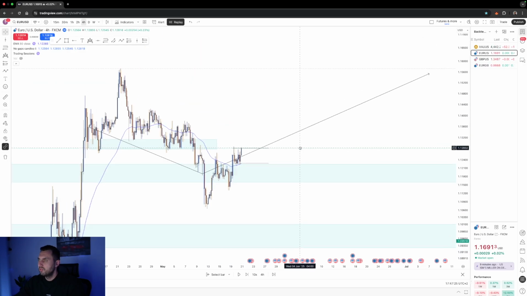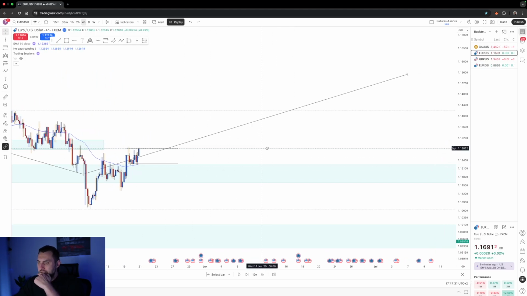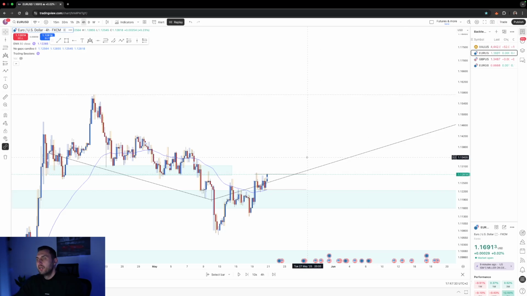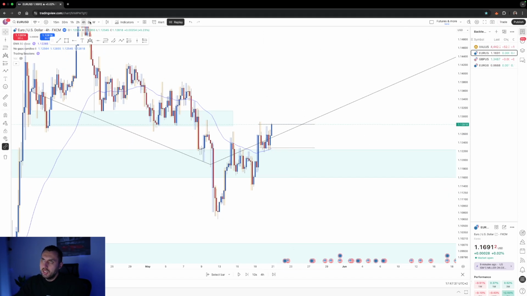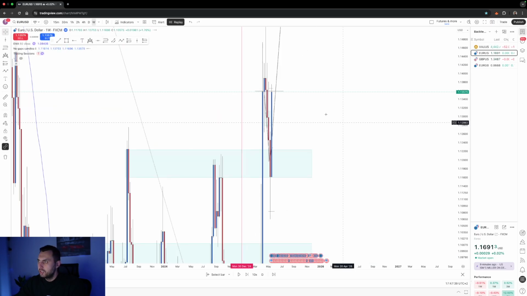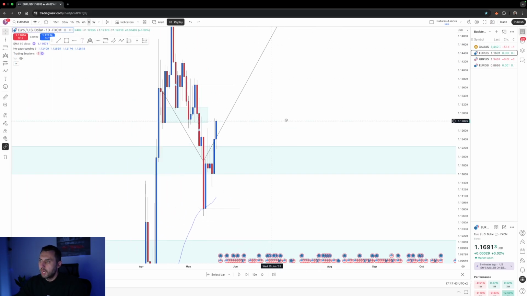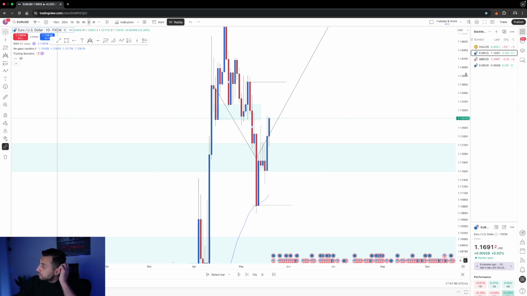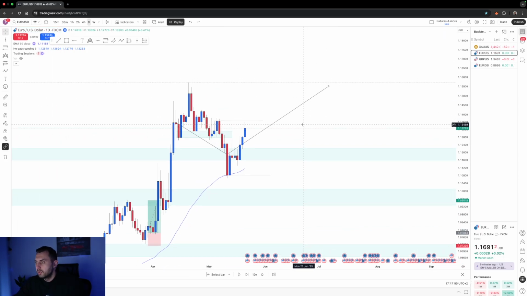This trade happened very fast, so I couldn't have entered it. Interesting. So 4-hour is bullish, daily is bearish, and weekly is bullish right now. So I wouldn't do anything here. I'm waiting to see what's going on.